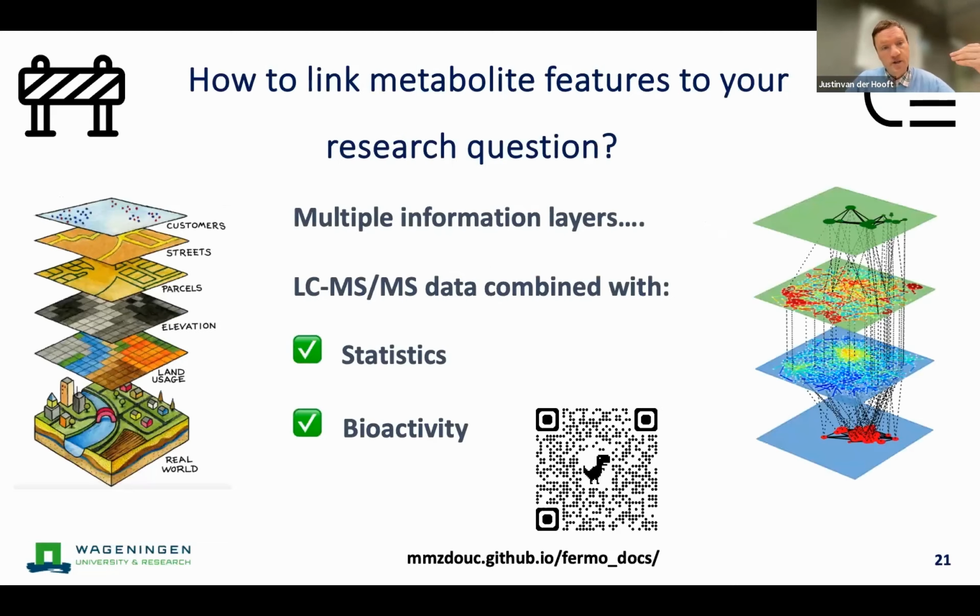So you have seen how we can use statistics and also how we can use bioactivity to overlay on your untargeted metabolomics profiles to get towards a more Google Maps style experience where you can more quickly browse to the relevant parts of the metabolome that you measured.